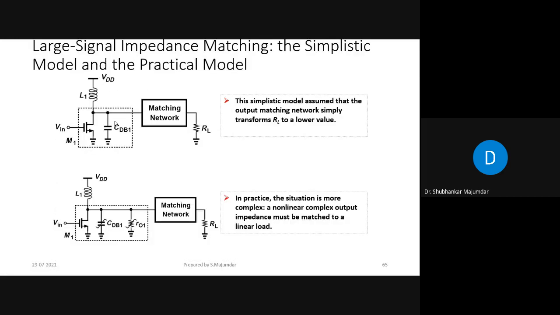Now large signal impedance matching, the simple model and the practical model. In the basic simple model, we are just putting one capacitor there, but actually there is some resistance path also. So the situation is more complex.